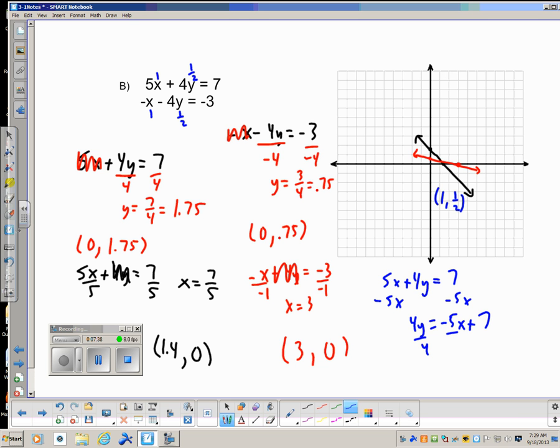Divide by 4, and y equals negative 5/4 x plus 1.75. So again, just because you end up with a decimal, it makes it more difficult to graph out. But sometimes if you use a ruler when you're graphing those lines out, it makes it a lot easier because you'll see it more exactly that way.